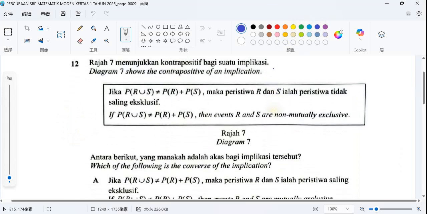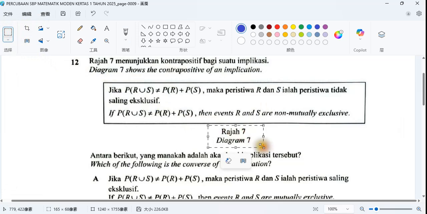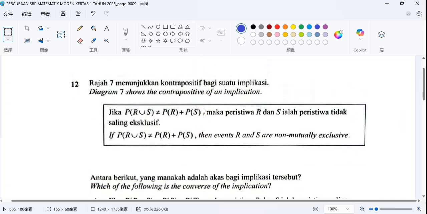Question 12. Diagram 7 shows the contrapositive of an implication. Which of the following is the converse of the implication?